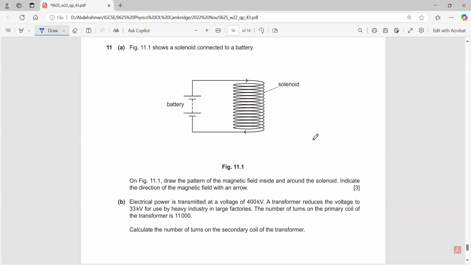Let's assume that the current was moving in the opposite direction.